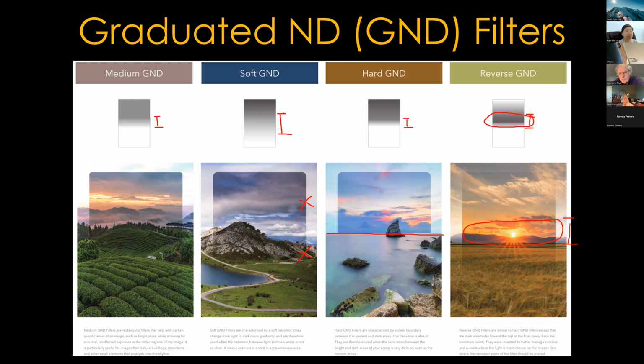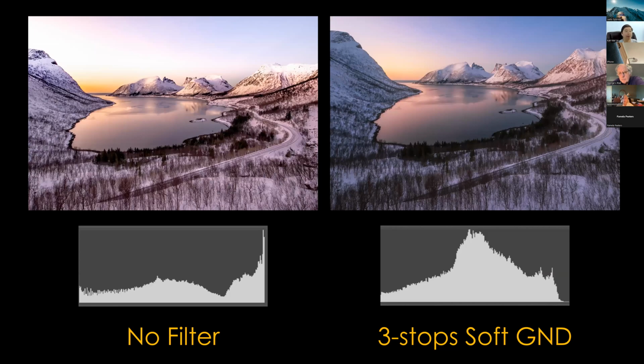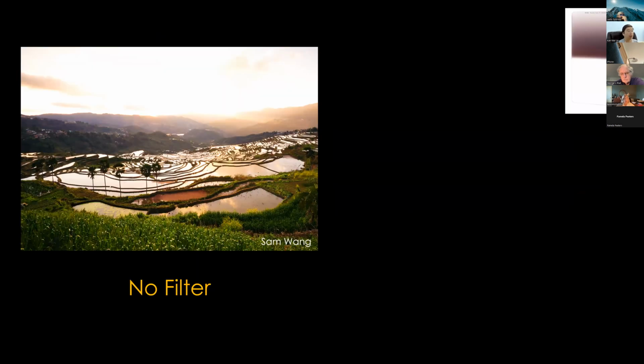Okay. And just another example here, the overexposed sky produces clipping in your histogram, while with the use of soft GND filters, we are able to push all this clipping information back to the midtone, resulting in a well-exposed image. And so this is the sunrise. I'm not sure if it's sunrise or sunset, but the sun is right in the middle of your image here.